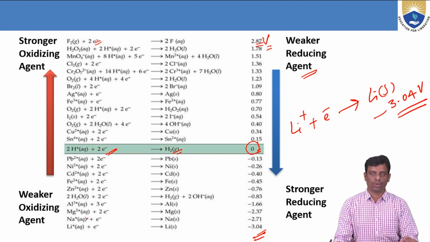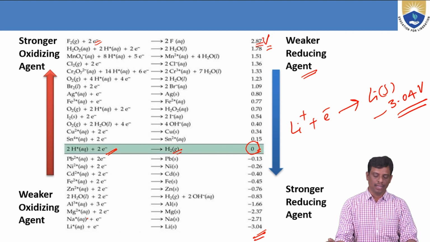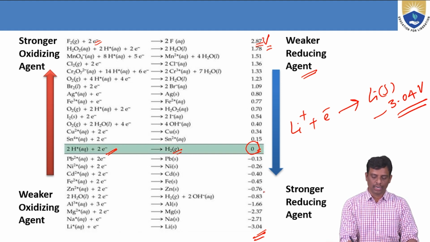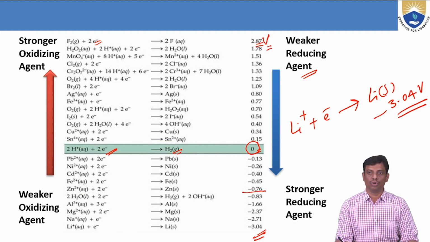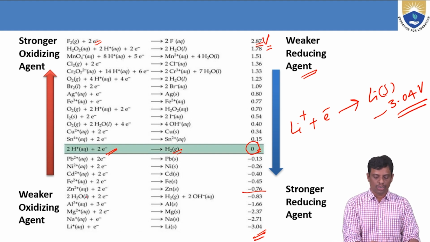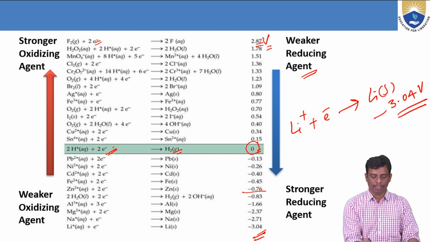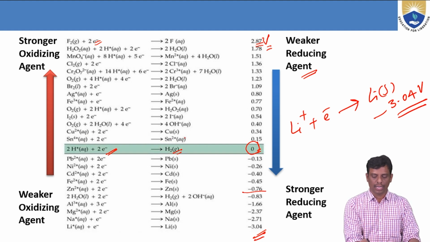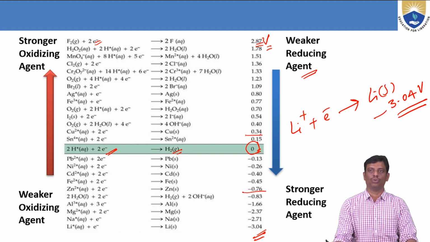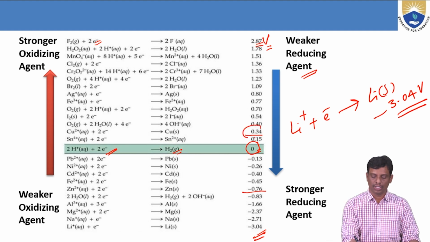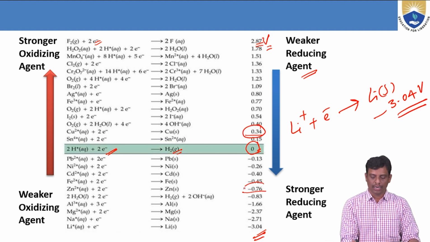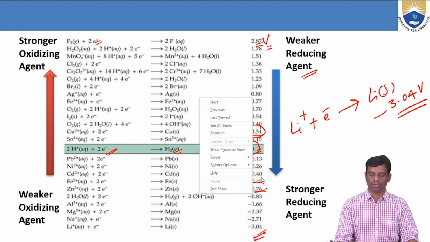For example, in a voltaic cell, the reduction potential of zinc is minus 0.76 volts, and the potential of copper, which gains electrons, is plus 0.34 volts.